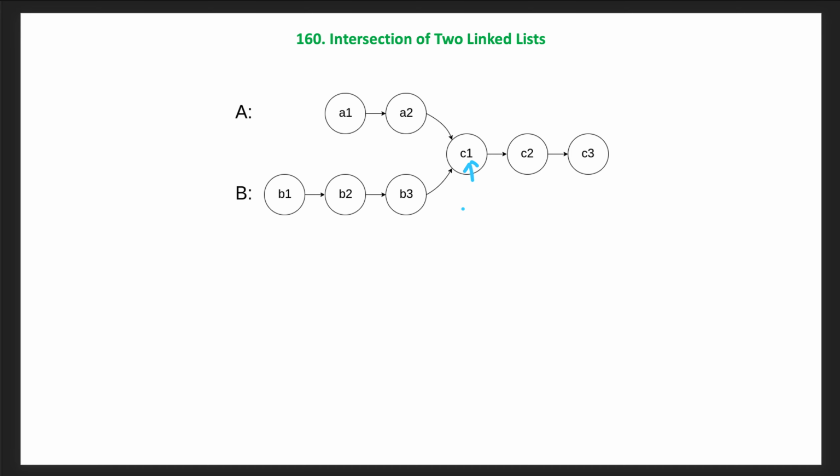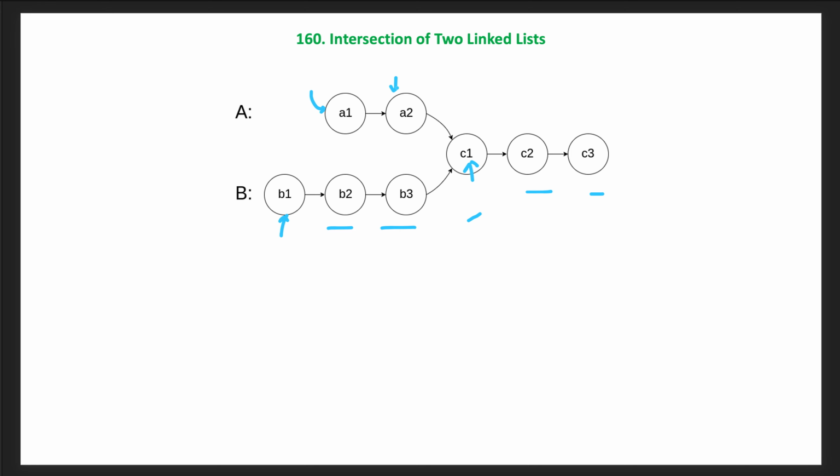First, we will do it naively: just start with one of the lists, the first list, iterating one by one over each node and trying all the others for the first node. Run the second list starting from here and check whether this node is equal, and keep going until the end of the list.